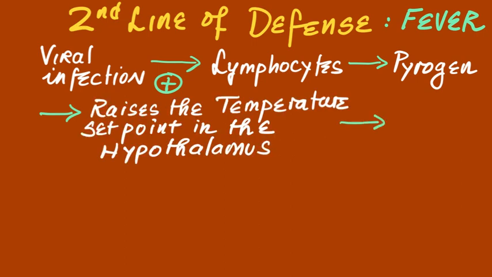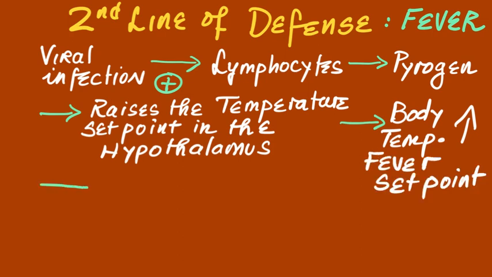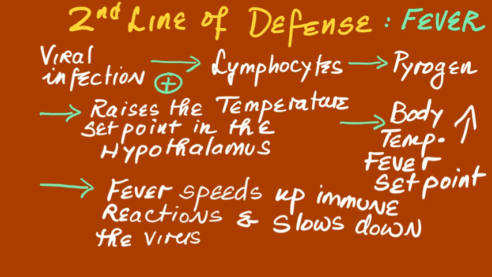This causes the body temperature to go up. It goes up and reaches a new set point called a fever set point. The fever is beneficial because it speeds up immune reactions and slows down the virus.